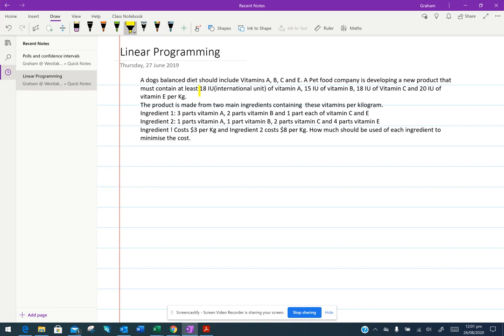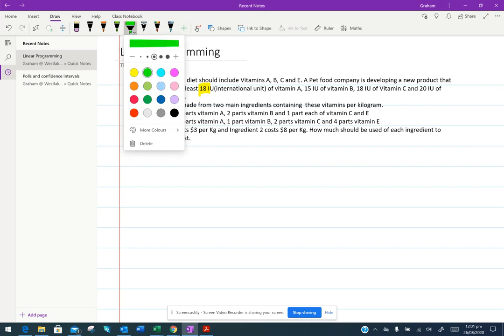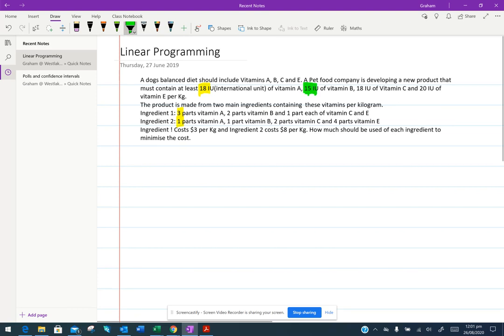So the first bit is we need at least 18 international units of vitamin A, and there are 3 parts in ingredient 1 and 1 part in ingredient 2. I need 15 of vitamin B, and there are 2 parts in ingredient 1 and 1 part in ingredient 2.